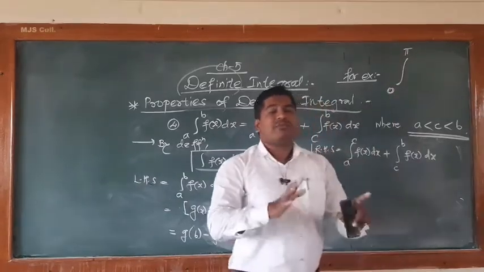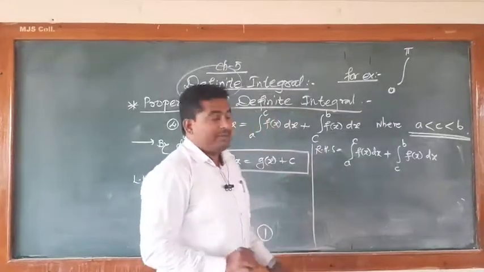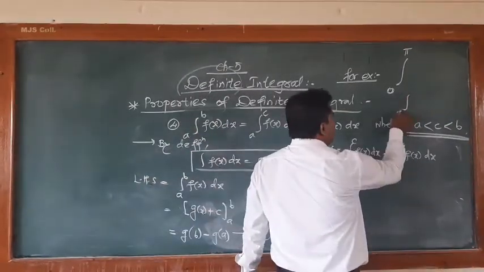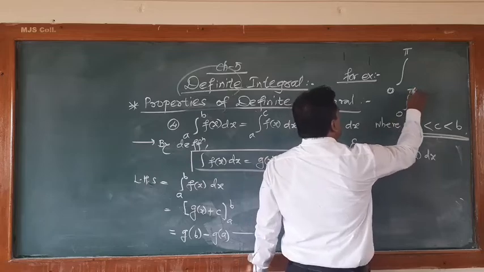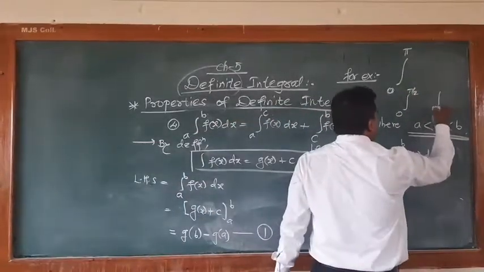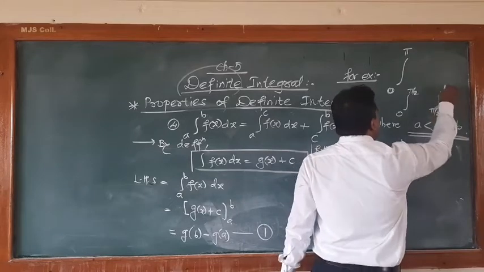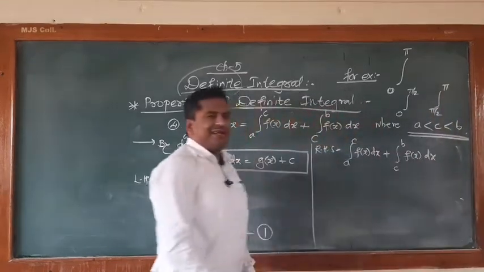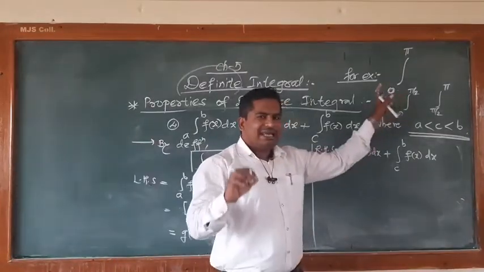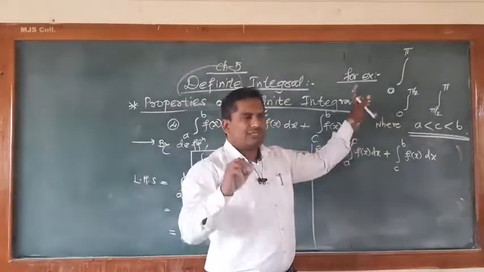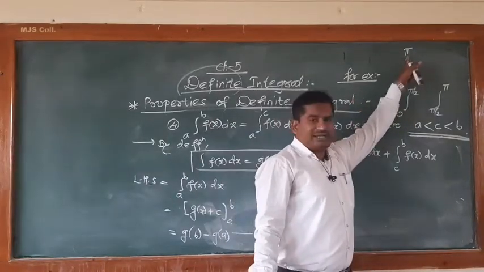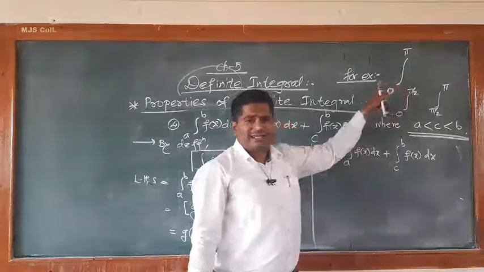Then we have to break this interval into 0 to pi by 2, and pi by 2 to pi. We can take a number which is between; we know it is 0 to 180 and pi by 2 is 90.